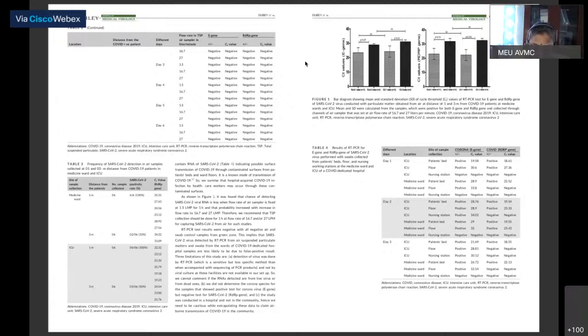Now coming to the conclusions: are the conclusions commensurate with the objective? The conclusions are not very pointed. It says the environmental air and surfaces of the hospital and eating areas are contaminated with the SARS virus, indicating potential airborne and surface transmission. Right, that's it. Correct.